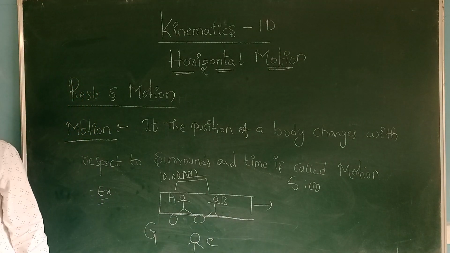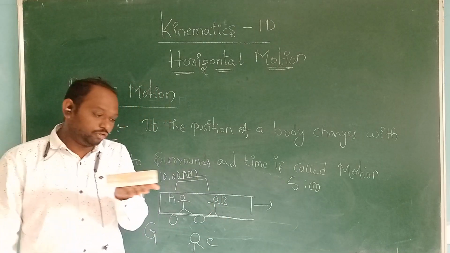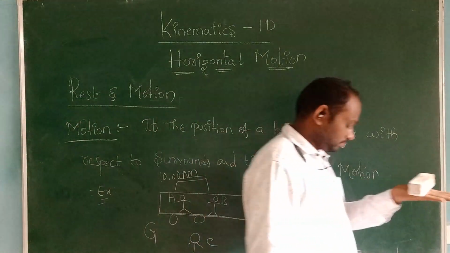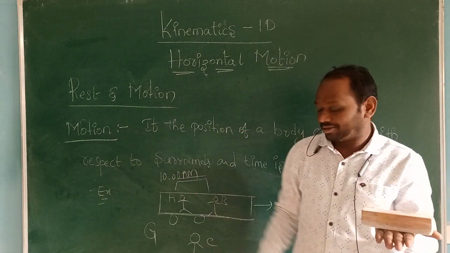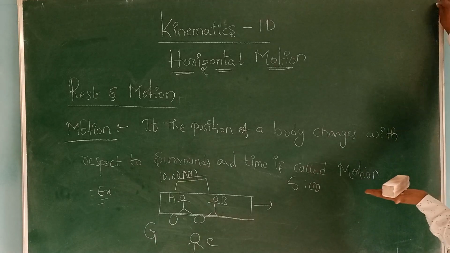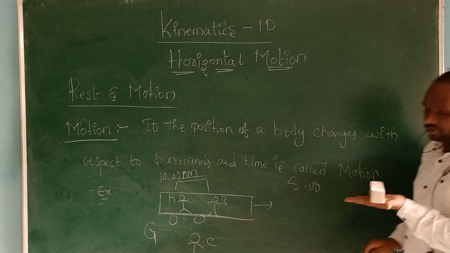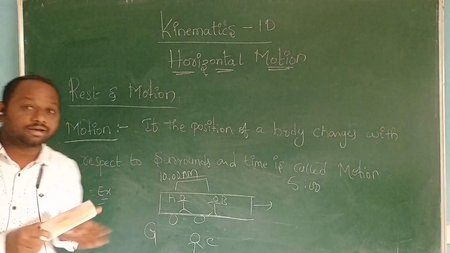One more example I will explain. See this duster on my hand, and I am moving like this. The position changes. Here I am near the board; after some time I move like this and I am near this car now.